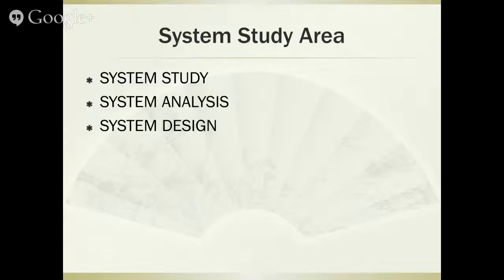For system study, I mean the study before we start to analyze, including creating a project plan. We need an objective first, and then we analyze this objective. This is system analysis.